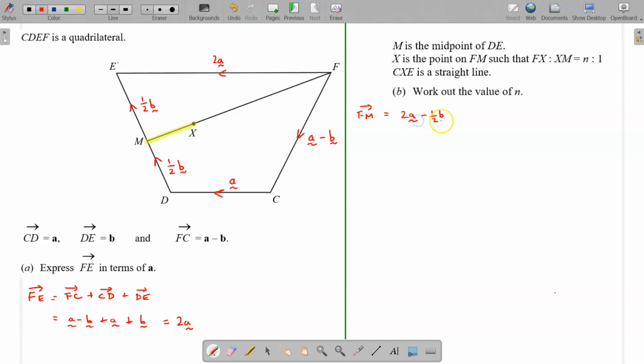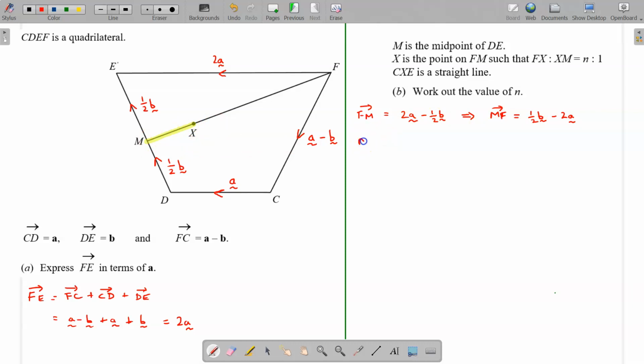And what's going to be very useful for us is to reverse that, and therefore to say that the journey M to F is the negative of that. It's backwards. So what I would do is say that MF is equal to a half b minus 2a. Now we know that MX is some multiple of MF.